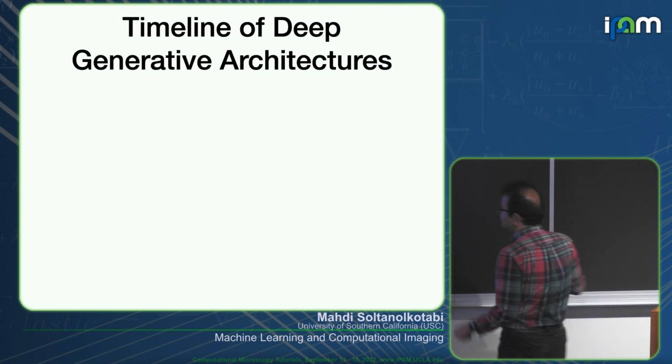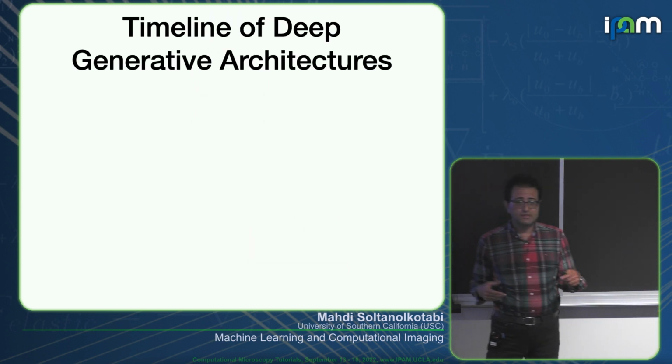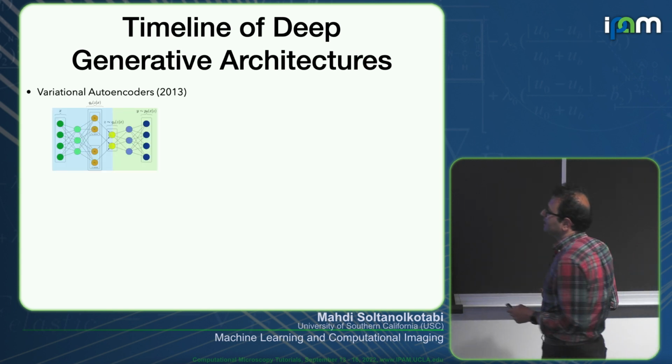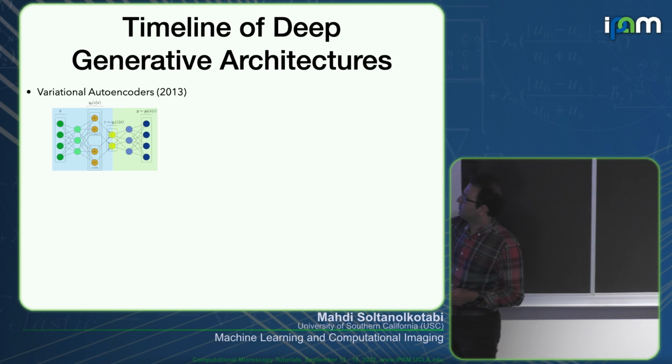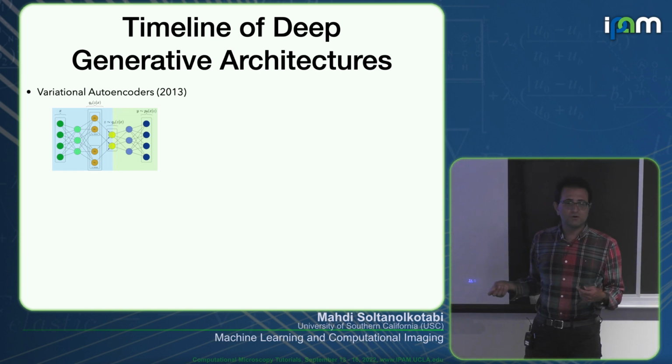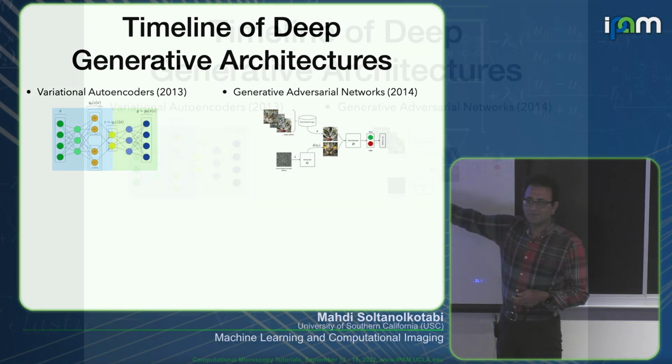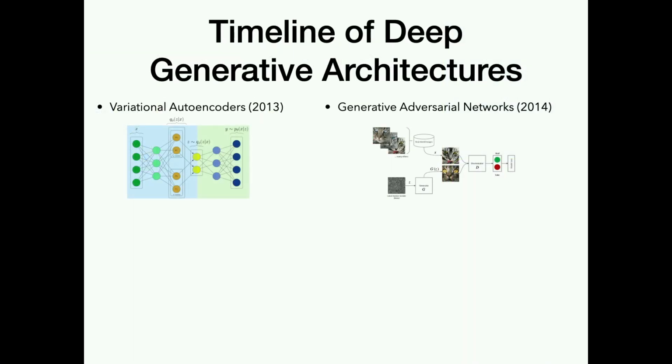So over the years, these deep generative models have evolved and they really produce very nice images. But here's a history of this. It started more or less with variational autoencoders, and we should have actually put the quality of the images where you would see how it has really improved. Then the second act was generative adversarial networks, or GANs.